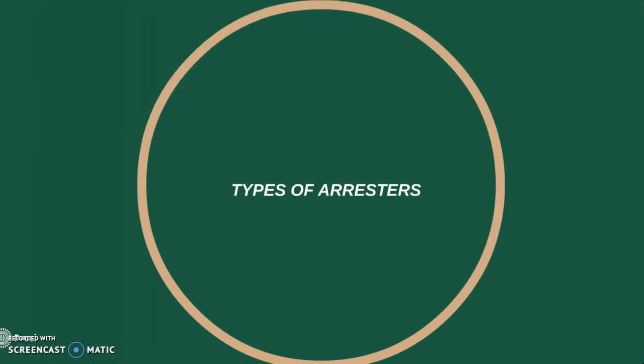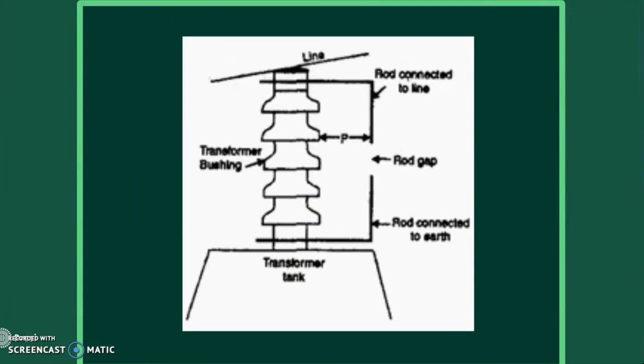Now we are heading to the types of arrestors. This is an example of a rod gap arrestor. It's one of the simplest forms of the arrestor. In this type of arrestor, there is an air gap between the ends of two rods. One end of the arrestor is connected to the line and the second end of the rod is connected to the ground.